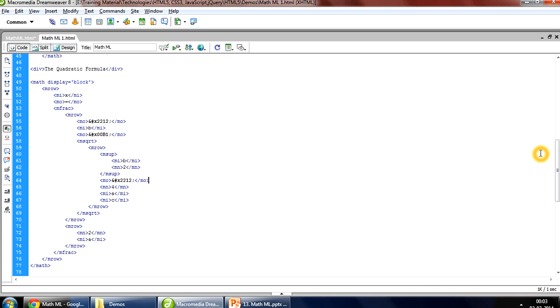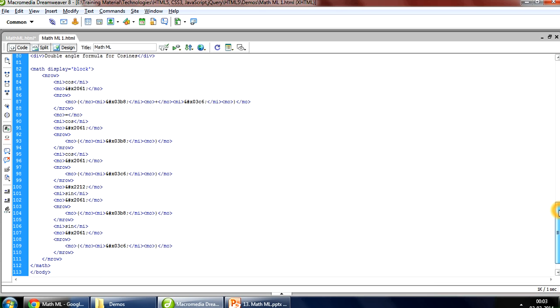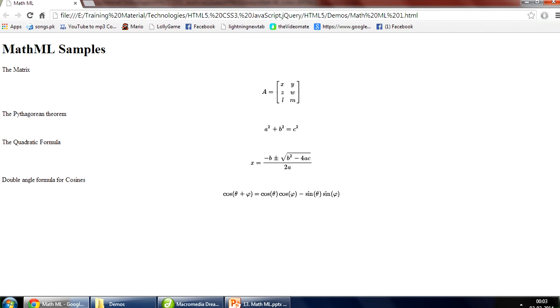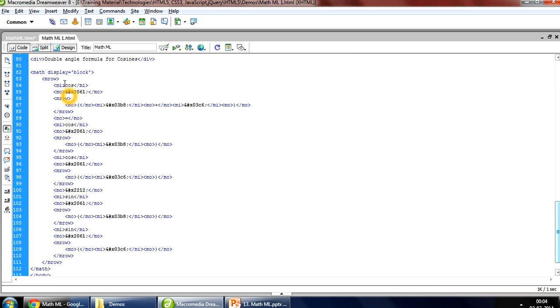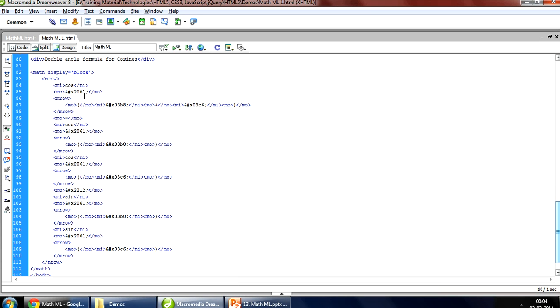Now we'll see the cosines. This formula is basically for cosines. We have only 1 row in this, so there is only 1 mrow element in this. After that we want to write cos. We have written cos. After that, this is basically for the square braces.